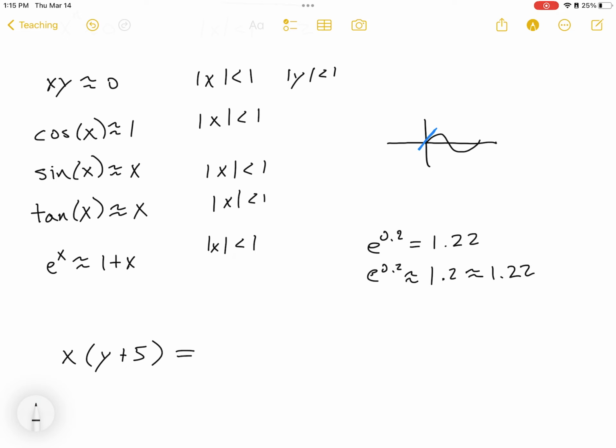So you would get xy plus 5x. Now the term xy is a nonlinear term, and it's the two of your dependent variables multiplied together. So xy would approximate to 0, and 5x is already linear, so you would say that the linearized approximation of x times (y plus 5) is equal to 5x.